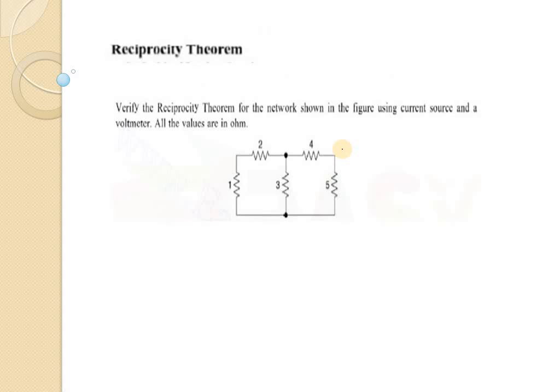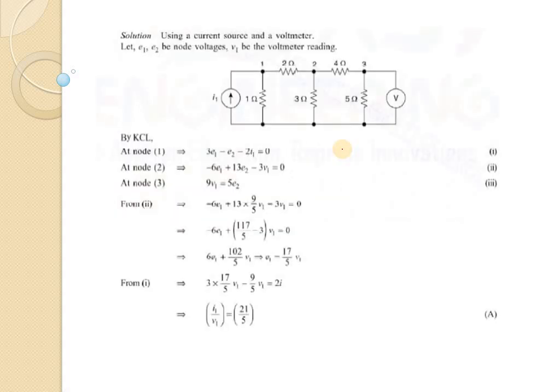So let us verify the reciprocity theorem. Whatever we have said now, whether it is really true or not, we will see through this example. Here there are 2 ohm, 3 ohm, 4 ohm, and 5 ohm branches, and now we have to verify the reciprocity theorem.